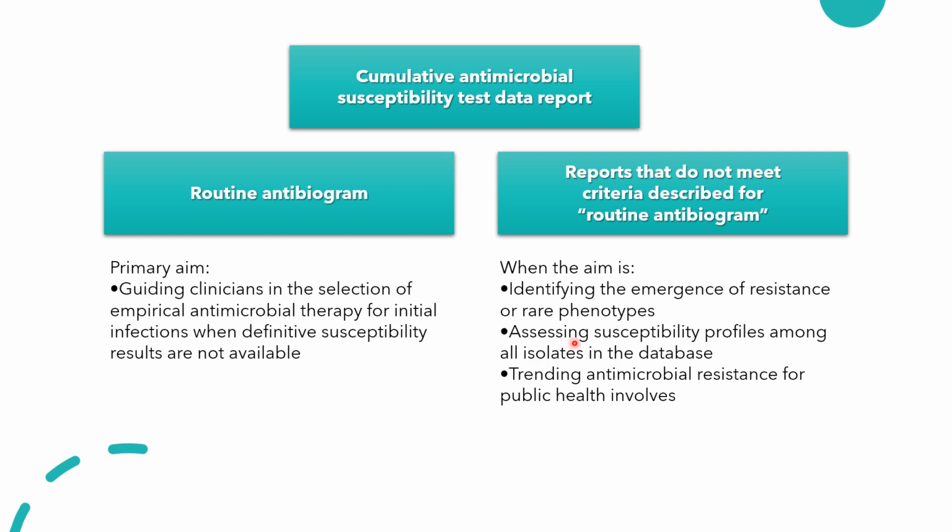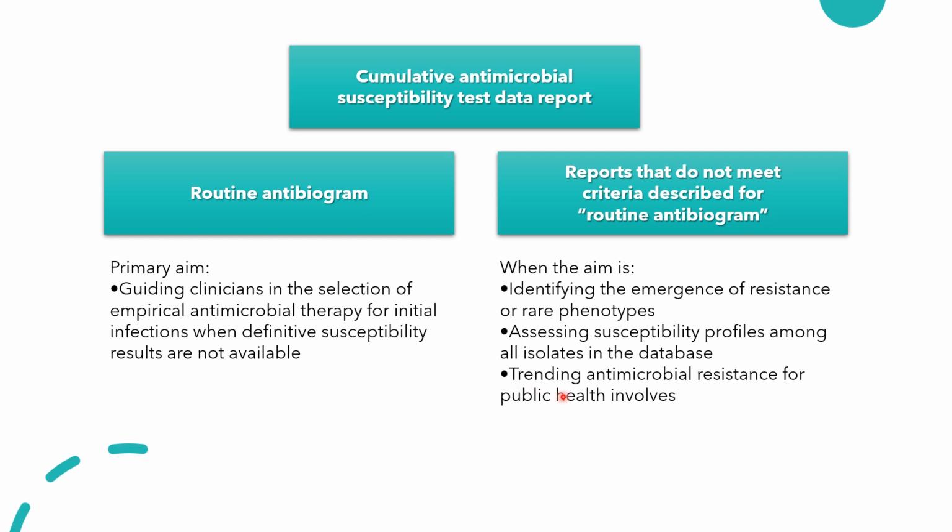Also, we can assess the susceptibility profiles among all isolates in the database. It means that we see all the isolates and the different susceptibility patterns, so we are not only targeting one bacterium for multiple antibiotics. We are targeting all the isolates and all the antibacterials that are there.